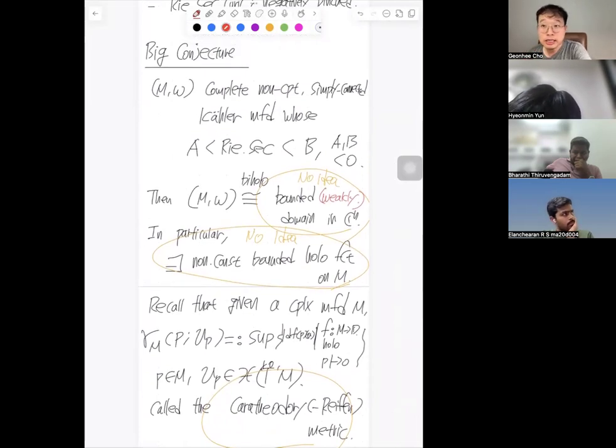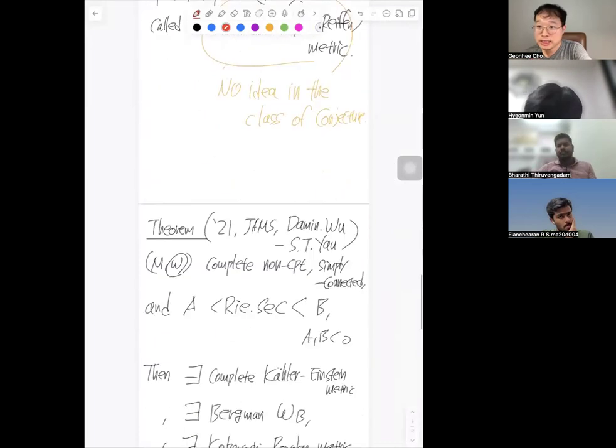He was thinking, in his manuscript with Professor Yao, that this conjecture should be strengthened to bounded strictly pseudo-convex domain. There's a reason, and the reason is the following.